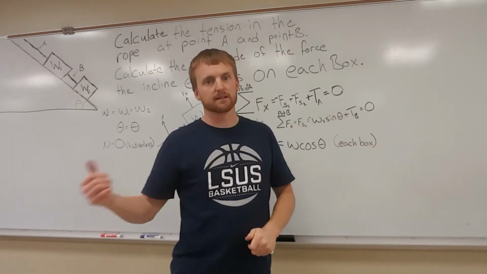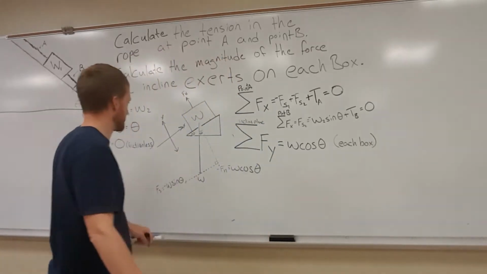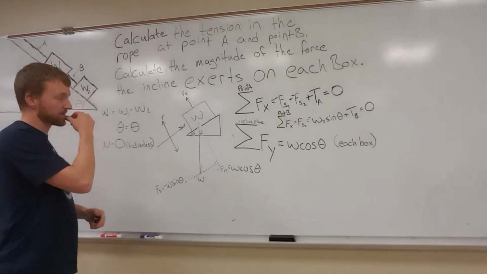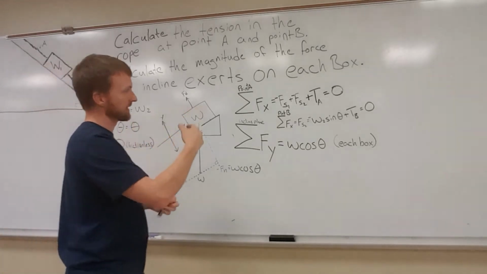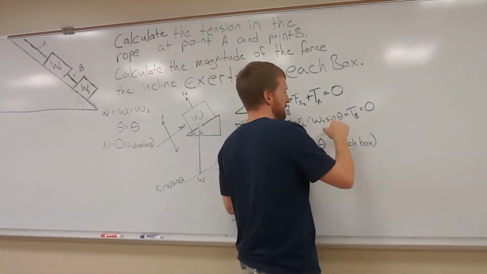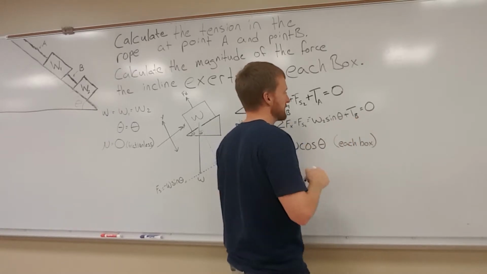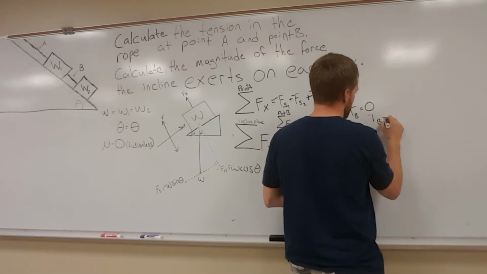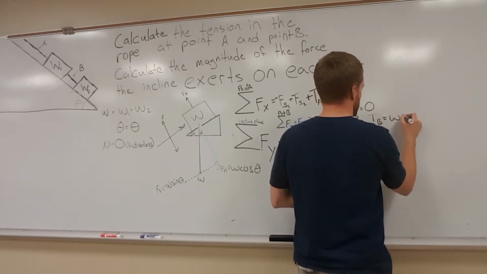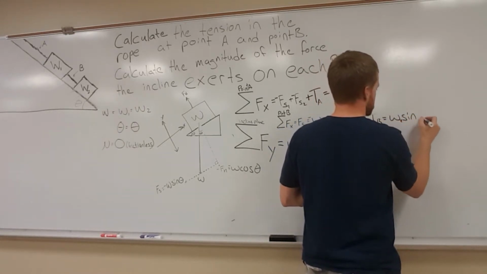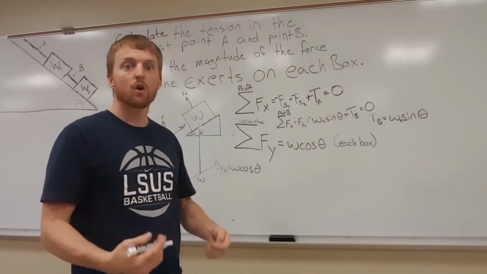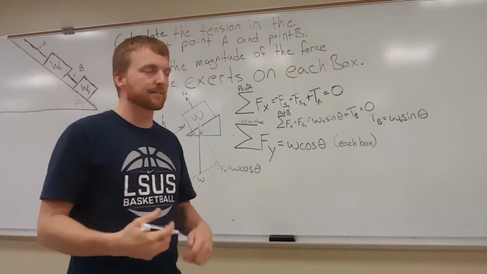It's falling in the negative X direction with respect to this X and Y graph that I wrote right here. It doesn't have to be negative if you don't want it to be, but it plays out perfectly for adding the tension at B. So we say that T sub B is equal to W2 sine theta.